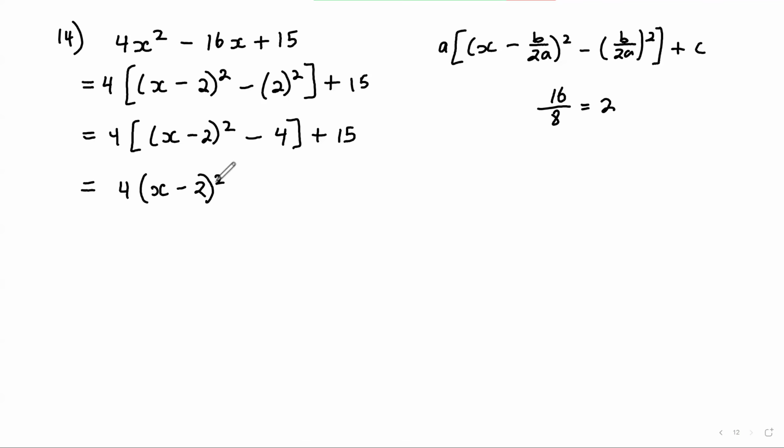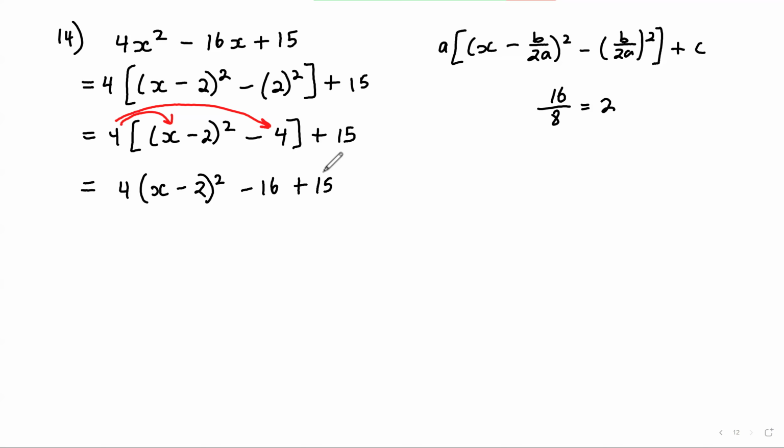So it'll be 4 by x minus 2 squared minus what? Minus 4? No, because remember you're multiplying 4 by this to get 4 by x minus 2 squared and then 4 times 4. Then would it be 16? Yeah, it would be 16 plus 15.